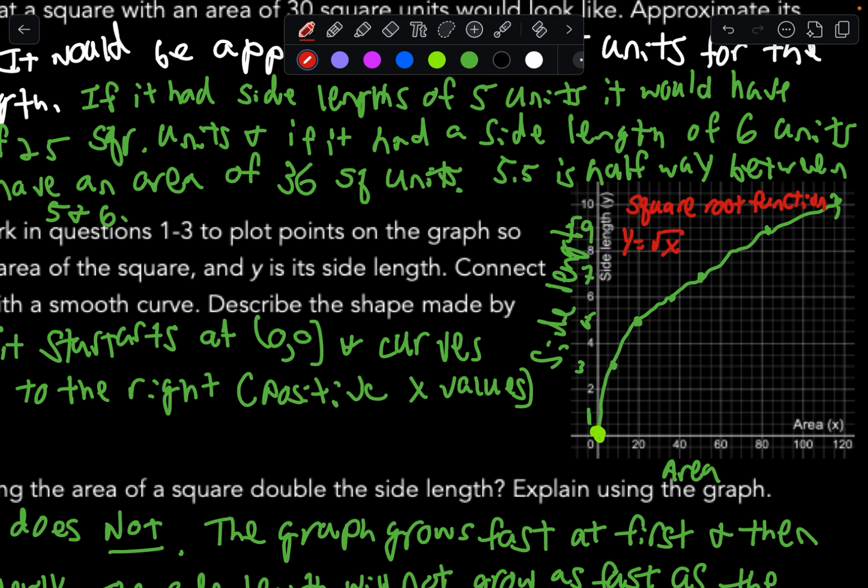That's what the graph looks like. Notice at the beginning, this is more steep. And then towards the end, this is less steep. It slows down on how fast it grows.